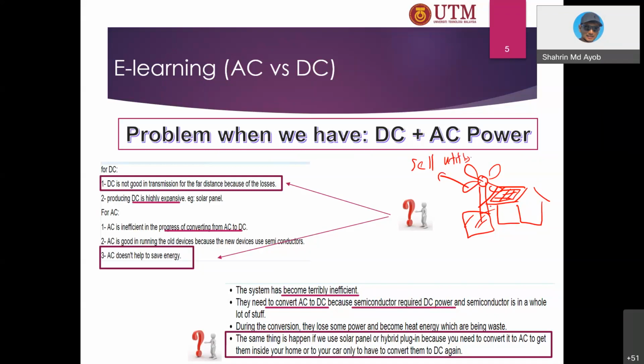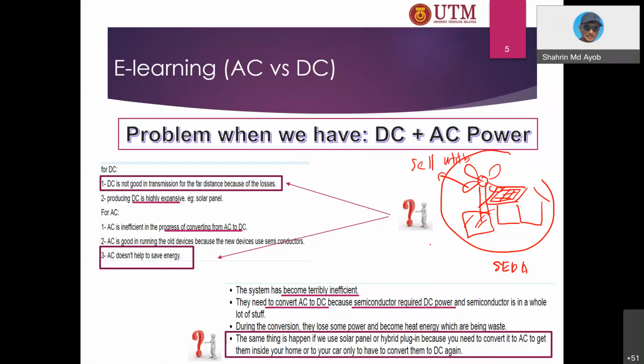So this is the motion right now, and we can see that our TNB, under what we call SEDA, this is our government agency, they encourage the installation of the solar panels and so on. Right now, the generation is much nearer to the load.